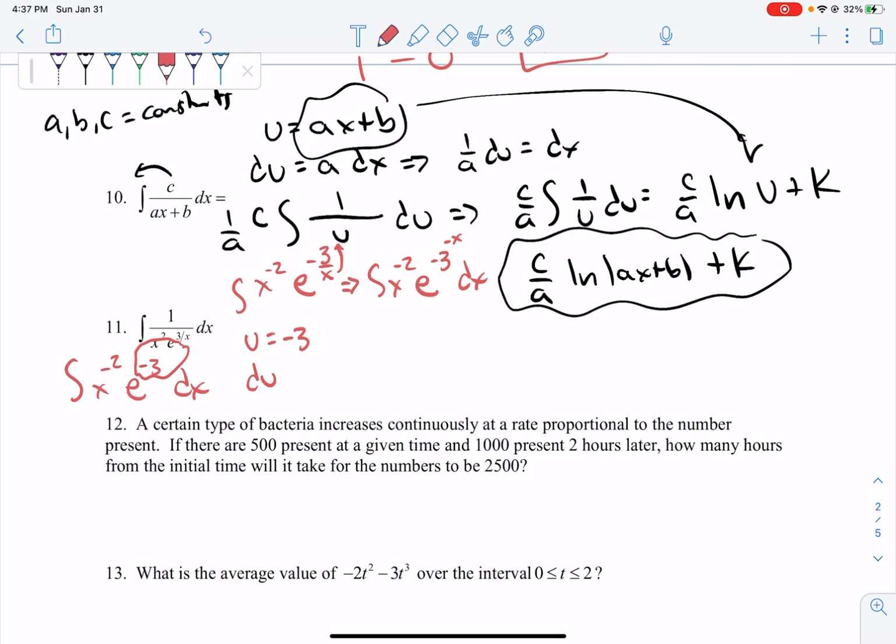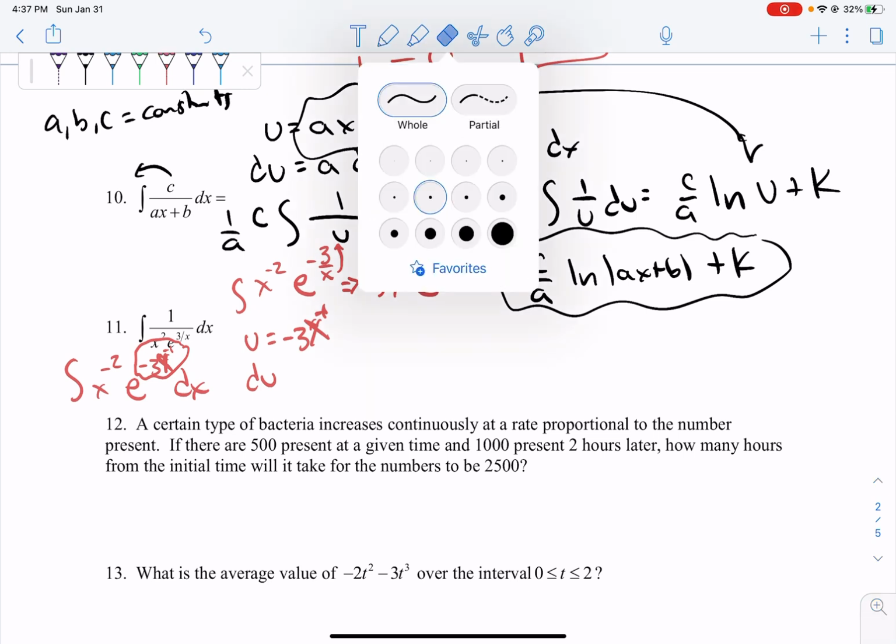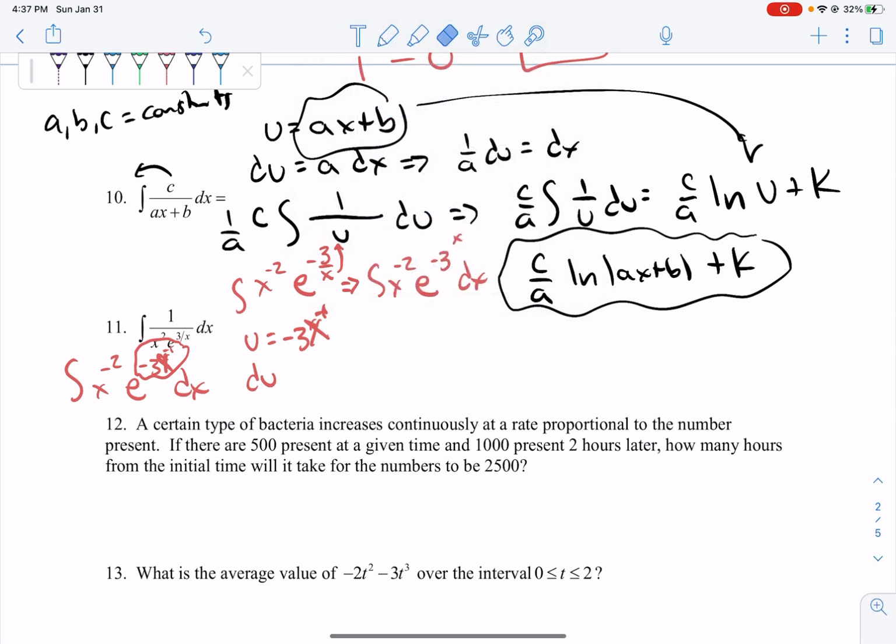It's negative 3 raised to the x to the negative 1. We've got negative 3 times x to the negative 1. Rewriting all these exponents in exponents. When I move the x up, I'm not moving it up as an exponent of 3. It's next to the 3, but it's raised to a negative 1.